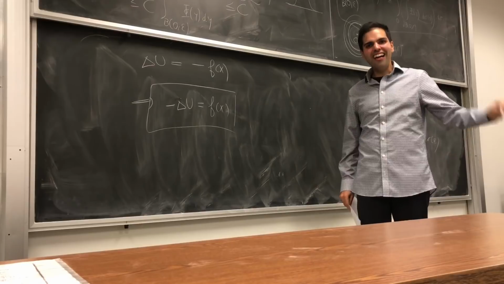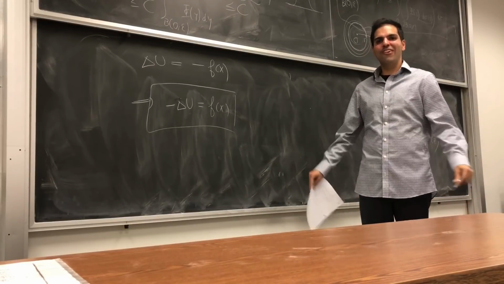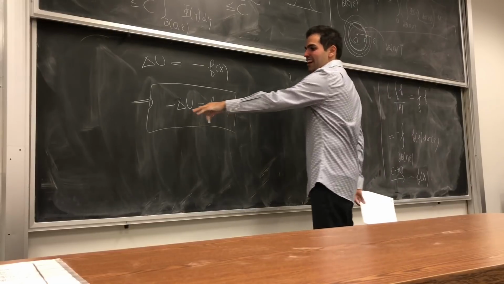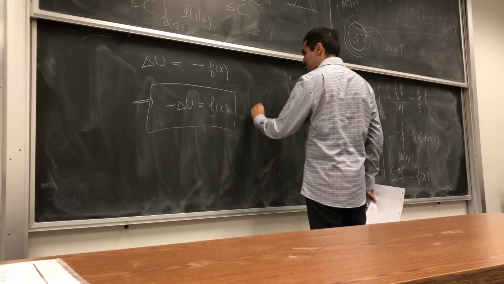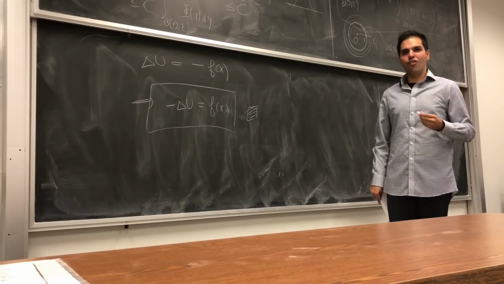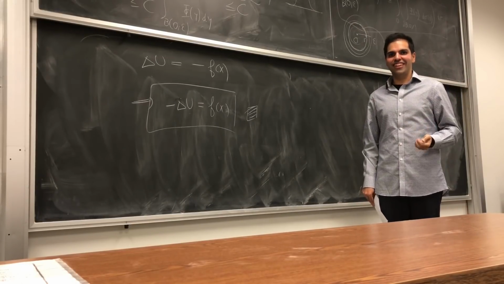So after lots of analysis and lots of explosions and lots of chalk breaking, we've shown that minus Laplacian of u equals f of x. So u, given by the formula, solves Poisson's equation.